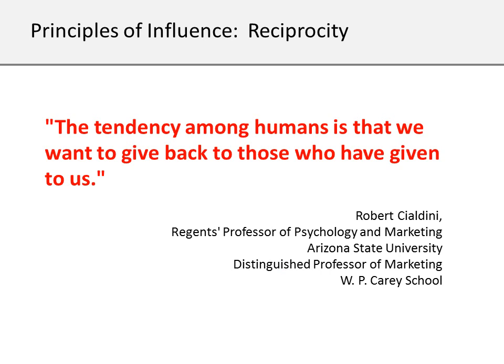Robert Cialdini is a professor who has done a lot of work on how to influence people. He is a professor that Warren Buffett and Charlie Munger recommend every year at their shareholder meeting. His quote is, "The tendency among humans is that we want to give back to those who have given to us." And that's one of my views about training.